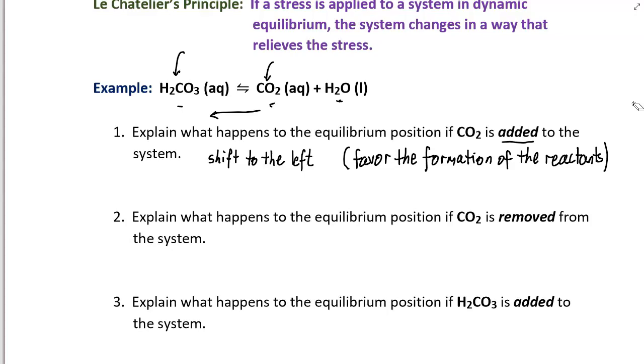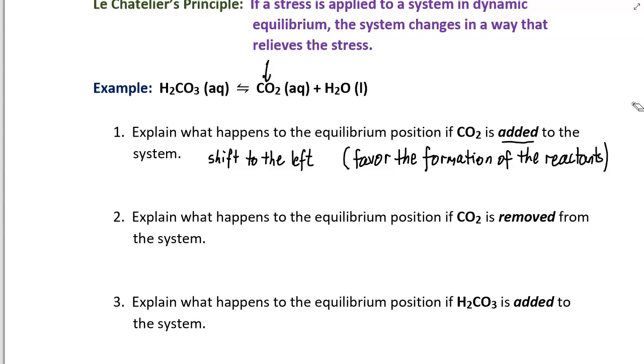Now, number 2, explain what happens to the equilibrium position if CO2 is removed from the system. Le Chatelier's principle says the system will respond in a way that overcomes that stress. So if CO2 is removed and you want to overcome that, then more CO2 needs to be produced.